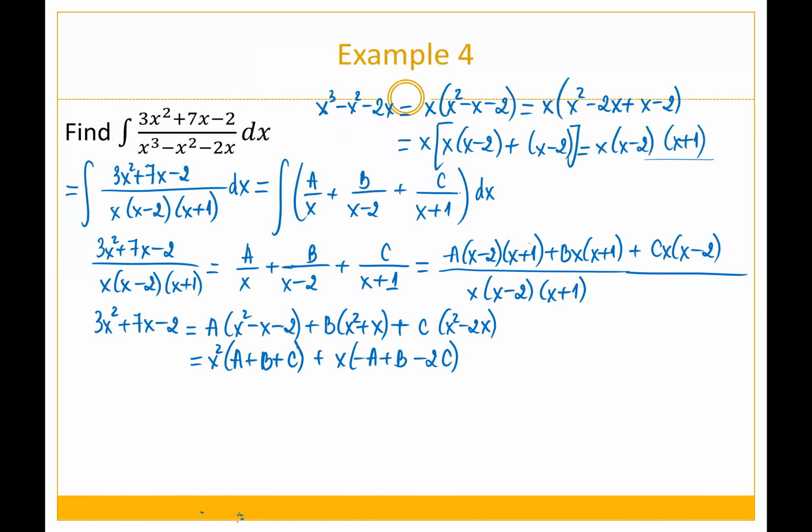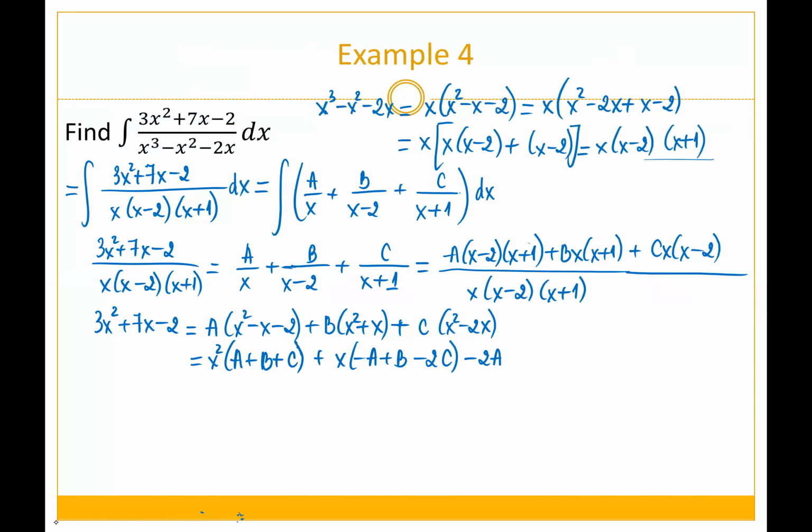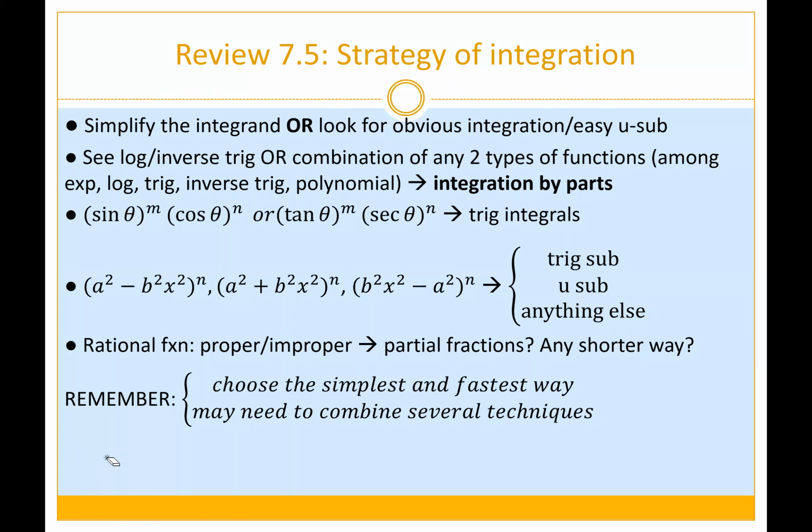And then the constant is just negative 2A because there's no constant in the other two terms. When I say equate them together and solve for A, B, C, this is what I mean. You equate the coefficient in front of each term. So you have x squared and 3x squared, so you equate 3 with A plus B plus C. Negative A plus B minus 2C is going to equal 7. And then negative 2A is equal to negative 2.